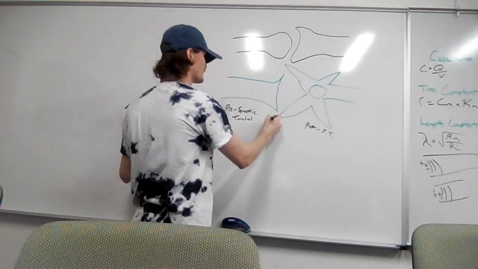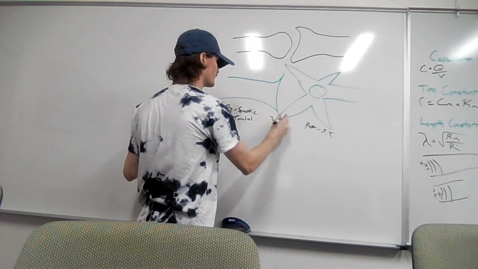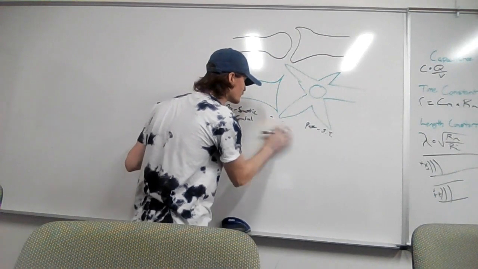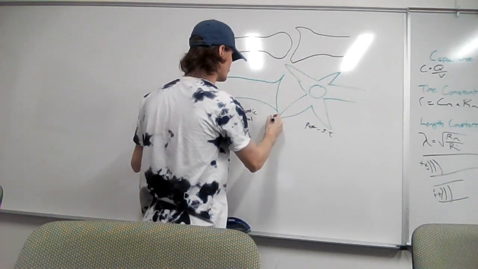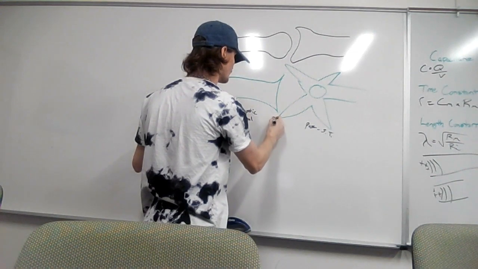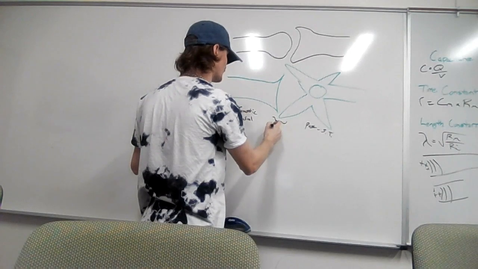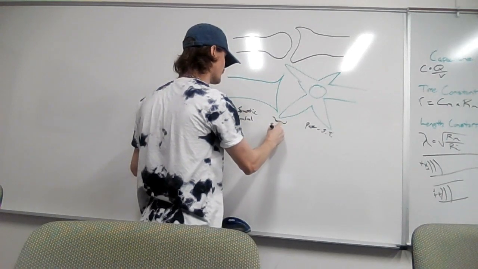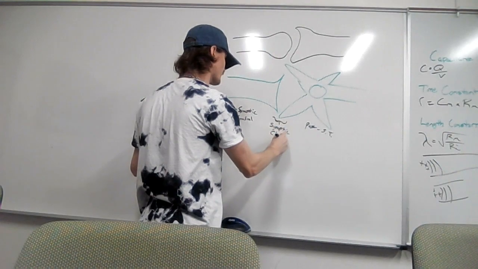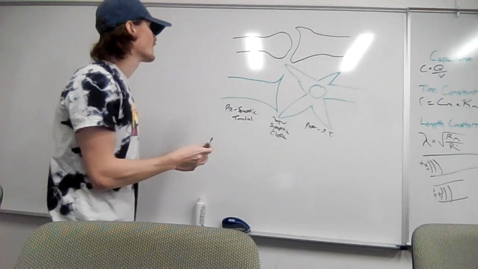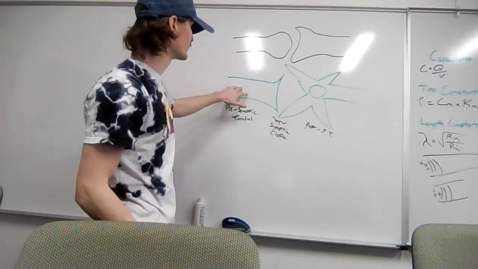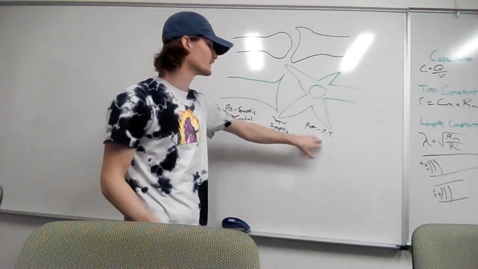And then right here, this area in the middle, I think it's called the synaptic cleft. Anyways, basically this is the end of one neuron, this is the space in between, and this is the beginning of another.